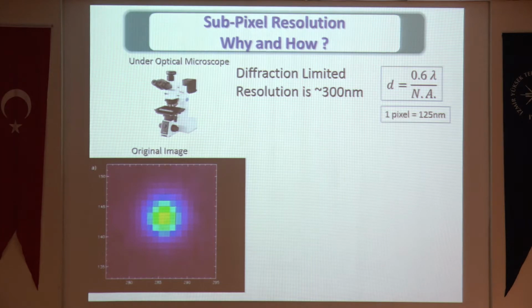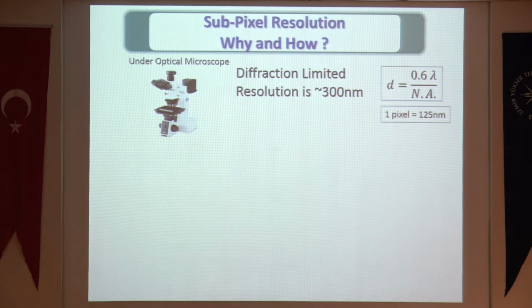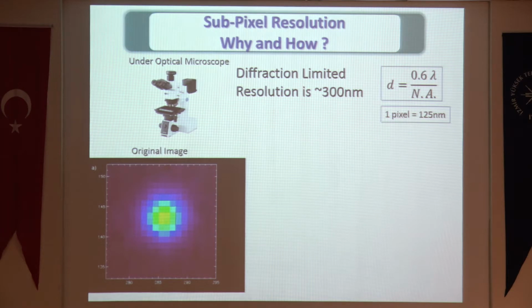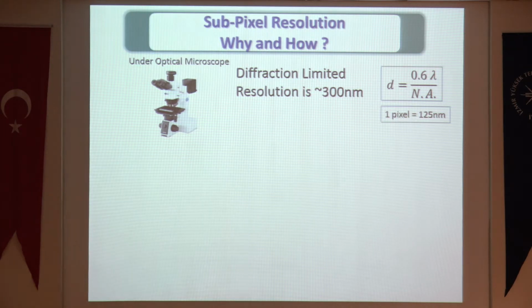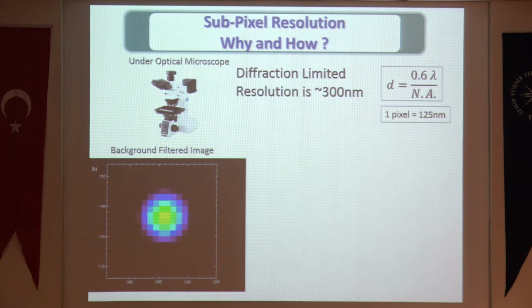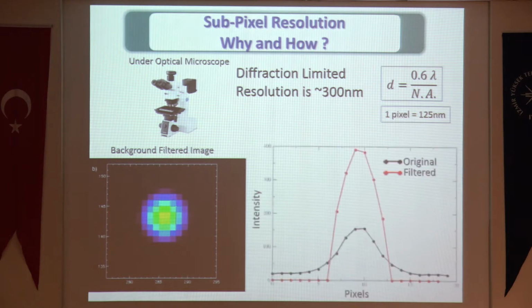So how we do this: this is the original image. This is a pseudo-colored image, but it is the real data from the previous slide. What we see is the intensity of a colloidal particle collected at the center. Next we subtract the background, and once we do, it's much clearer.